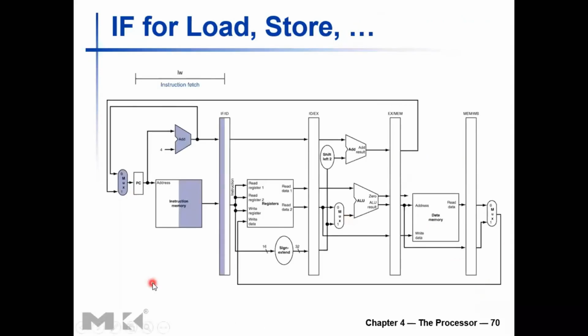Right, now let's take a detailed look at how these operations are handled inside the pipeline data path. Remember, in the single cycle data path, everything inside the CPU for a particular instruction happens within one clock cycle, from one rising edge to the next rising edge. In pipelined CPUs, only the operations of that stage happen within one clock cycle.